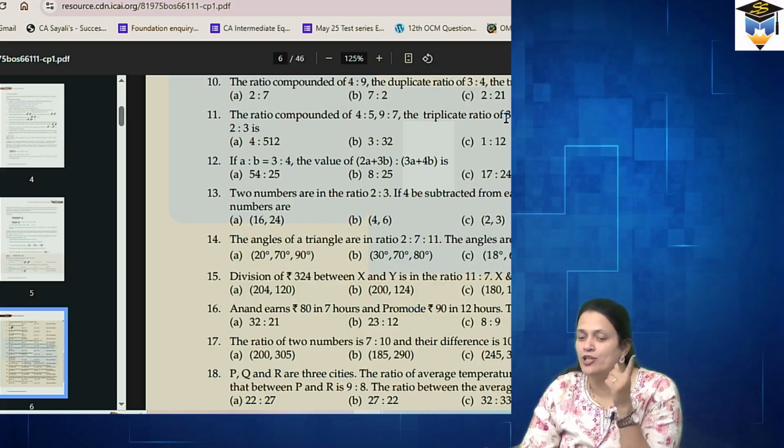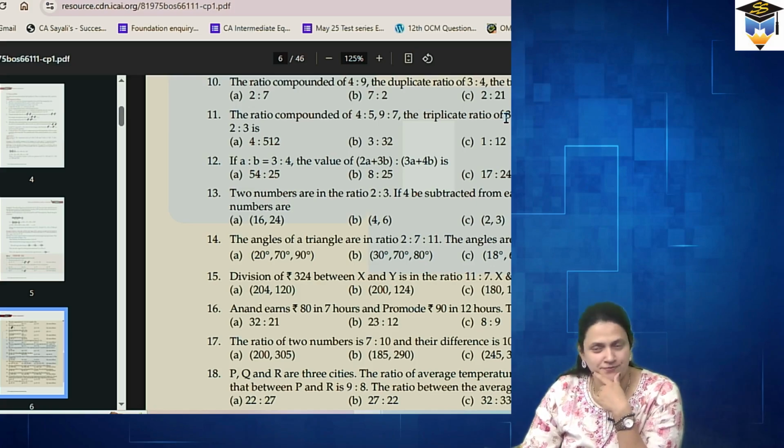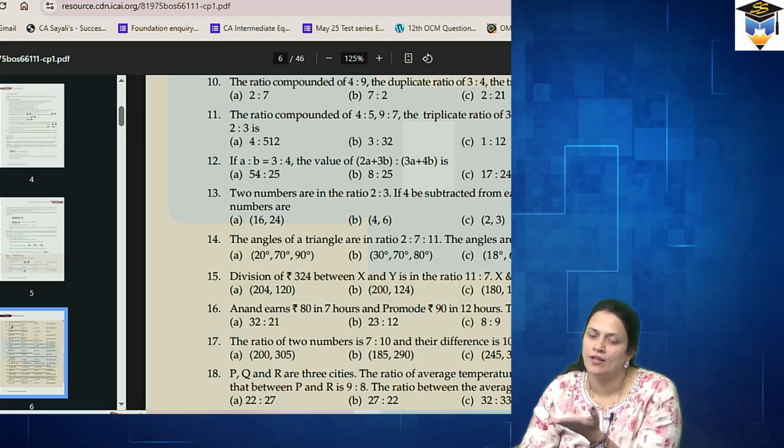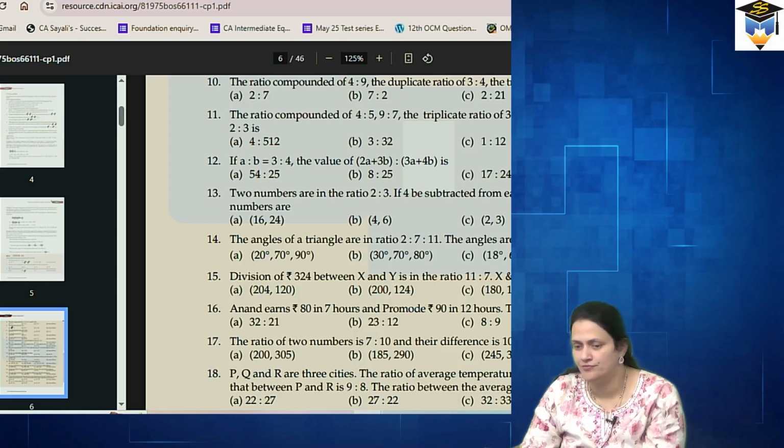Correct. And the triplicate ratio of 2:3. So 4/5 into 9/7 into 27/64 into 8/27, converted to the lowest form.